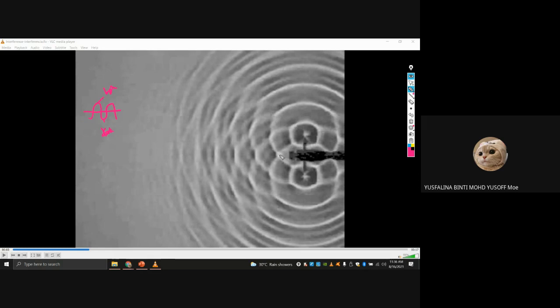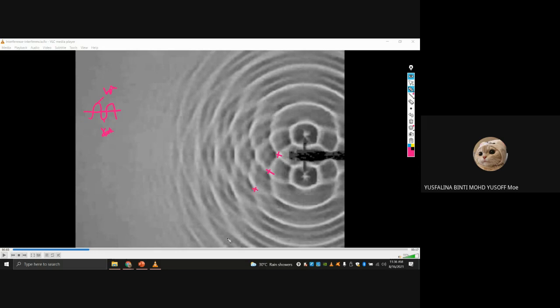Here you can see the bright meets the bright, so it means the crest meets the crest at this part. This is the constructive interference. So the point that I put X here is constructive, and this one also is constructive, and this one also is constructive.